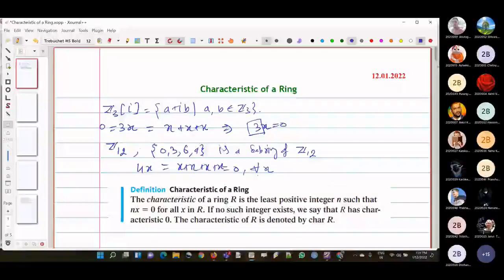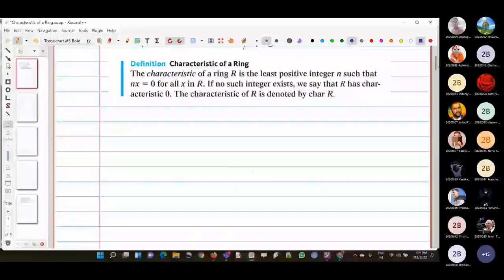So based on this, we have the following definition of characteristic of a ring. The characteristic of a ring R is the least positive integer n such that nx equals 0 for all x belonging to R. If no such integer exists, we say that R has characteristic 0.